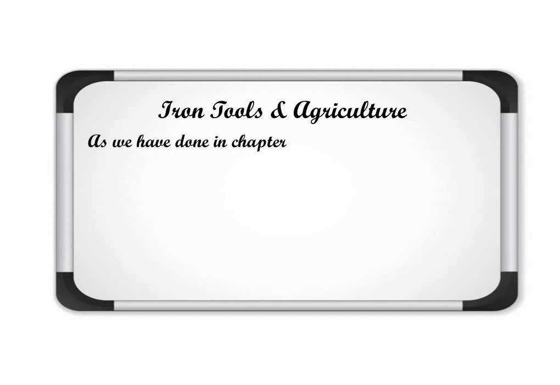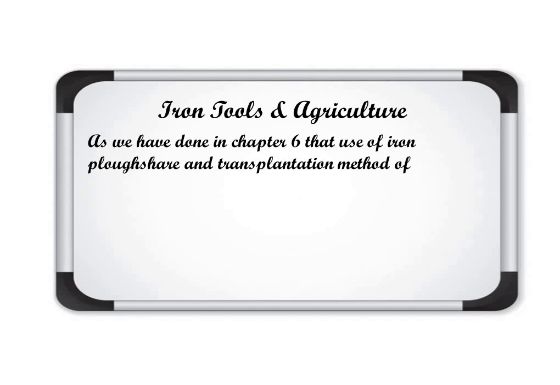Number 1, iron tools and agriculture. As we discussed in chapter number 6, the use of iron plowshare and the transplantation method of growing paddy crop increased the production of the farmers.